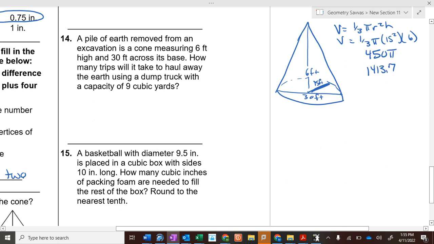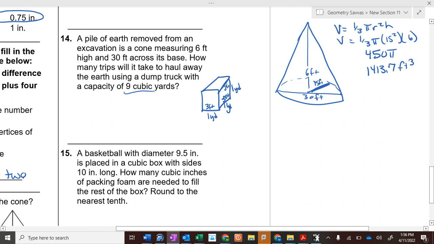Now, how many trips will it take to haul away the earth using that dump truck that can haul 9 cubic yards? Well, this is in feet, right? 9 cubic yards is... 1 cubic yard is 3 feet by 3 feet by 3 feet.